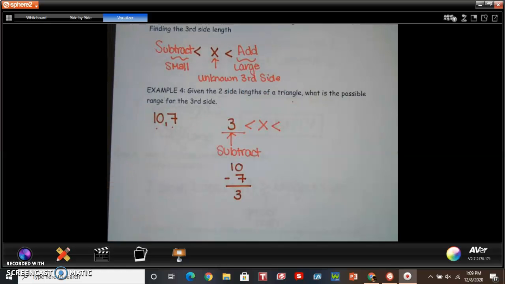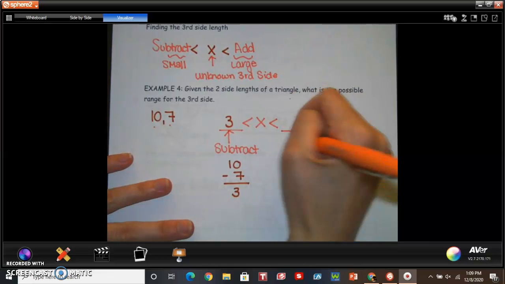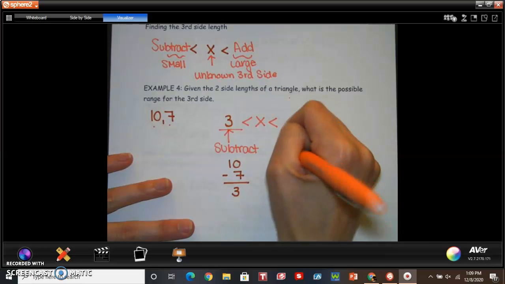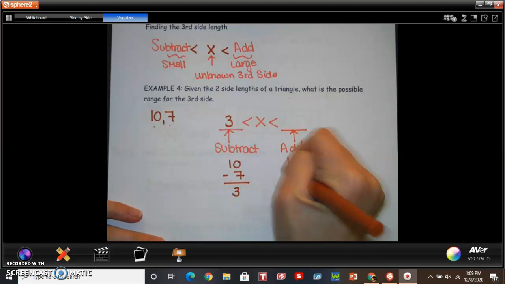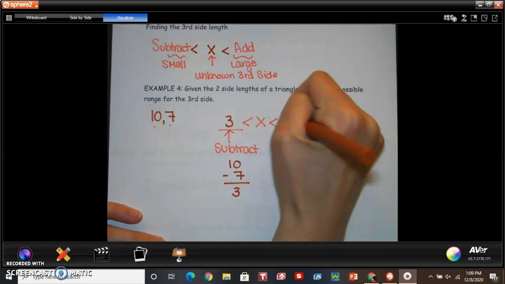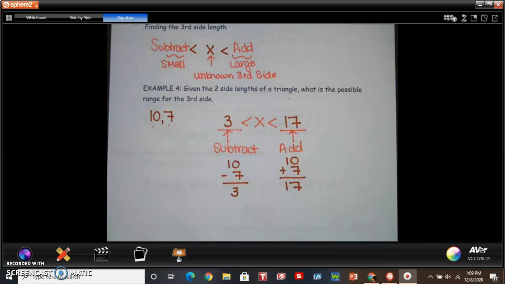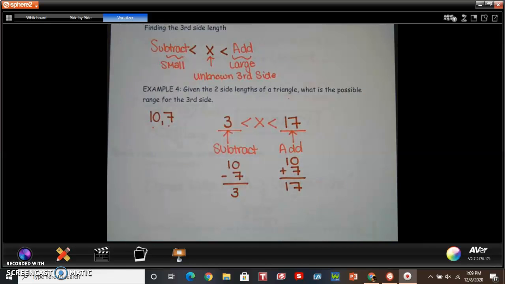So our range is going to start at 3. Now it doesn't include 3, it'll just start at 3. All right, to find our large side, we're going to add. So this time we're going to say 10 plus 7. That gives us 17. So therefore, if we had 10 inches and 7 inches, we could use the following to create a triangle. We could use between 3 and 17.